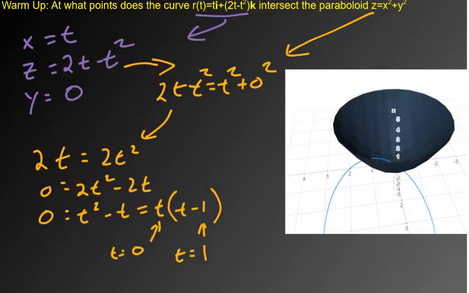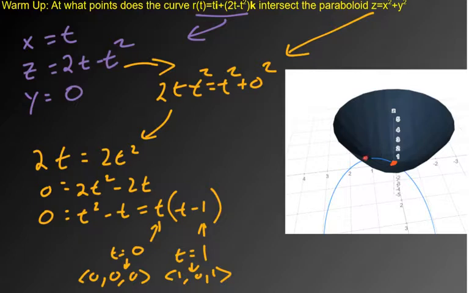What I can't show you super well here is that if you plug those t values in up here, for t equals 0 you get the vector 0, 0, 0, and for t equals 1 you get 1, 0, 1. You just get that by plugging in up here. This one is probably not so hard to see: that is actually the zero vector right there, the t equals 0 point.